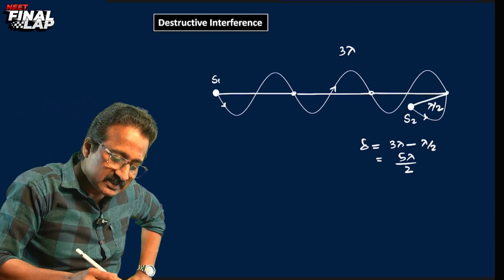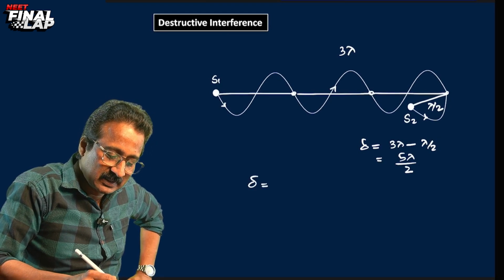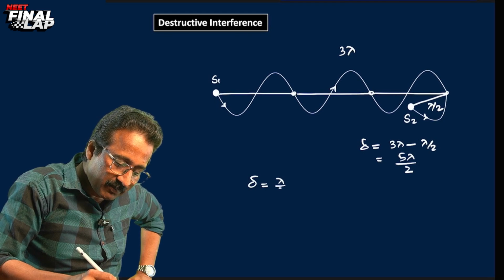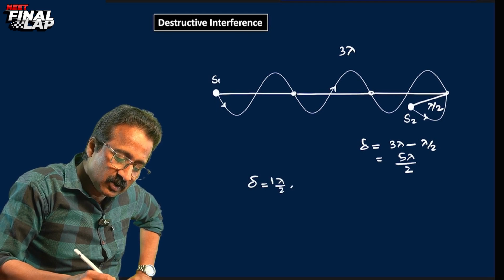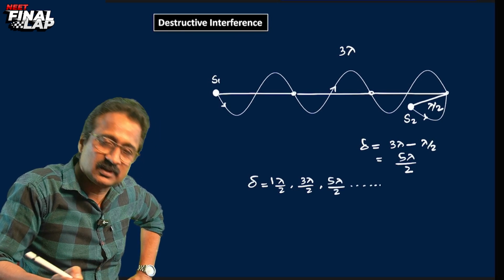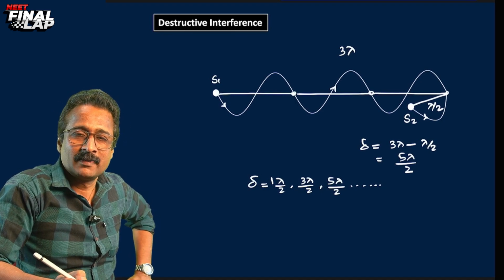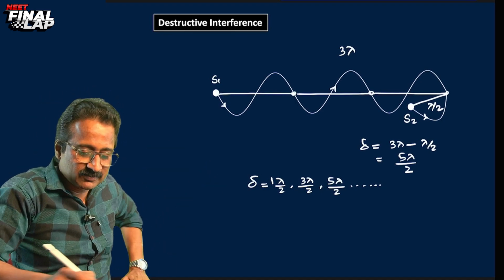So I can generalize it in this way. If the path difference of two waves reaching at a point is either 1 lambda by 2, or 3 lambda by 2, or 5 lambda by 2, if it belongs to any term in the series, then the interference is going to be destructive. The two waves will destroy each other if this happens.